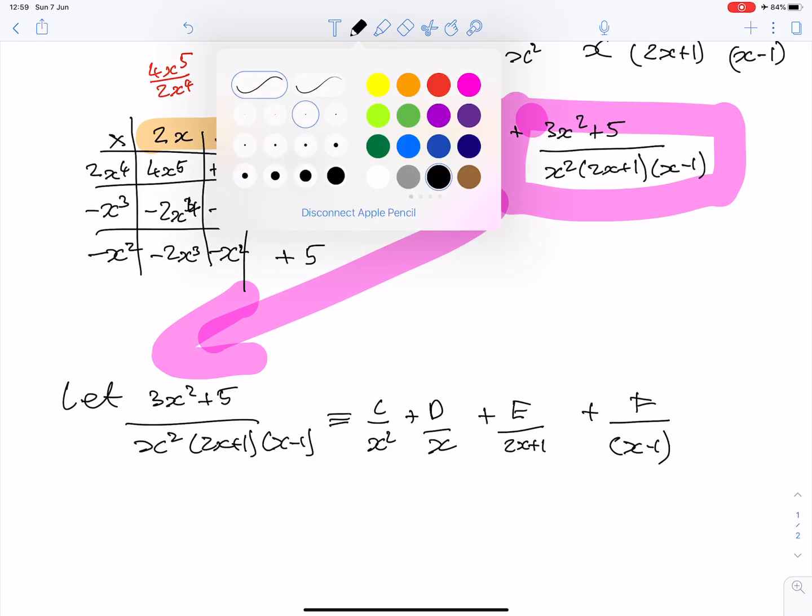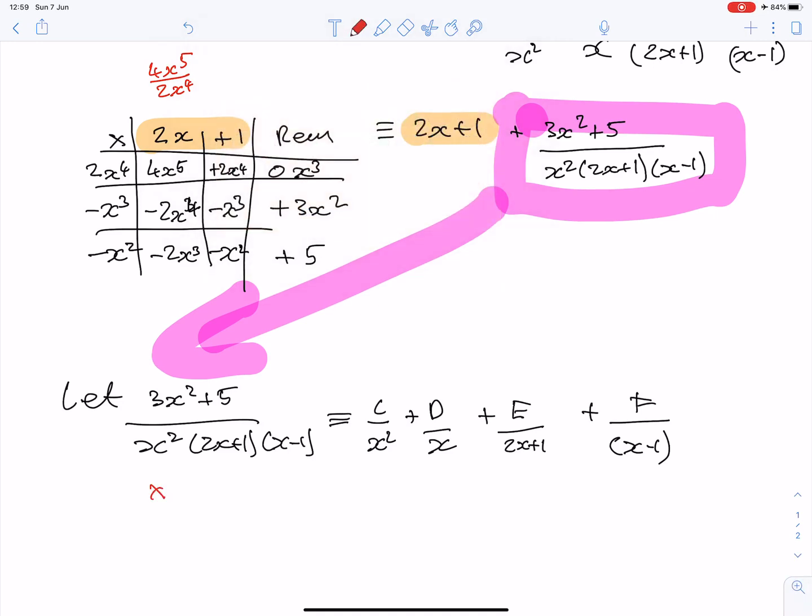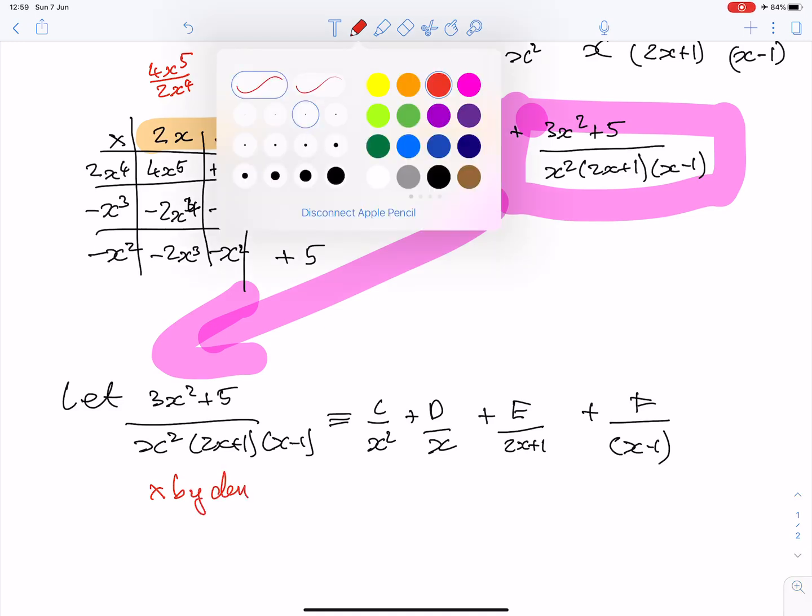Multiply through by the denominators, as we do when we're solving things.